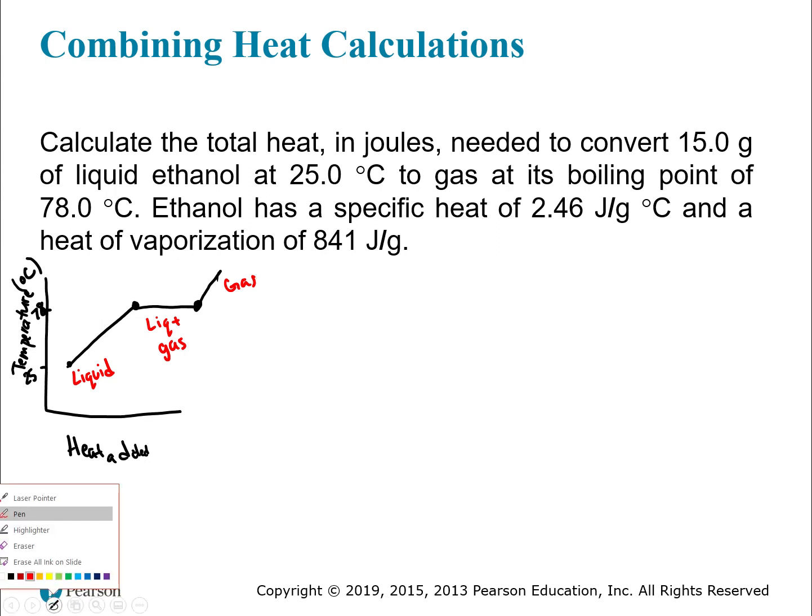For the slopes, where we have a temperature change, you're going to use specific heat to calculate that. At the plateaus, we'll use the heat of vaporization to calculate how much energy is going into that liquid ethanol to make it gaseous.